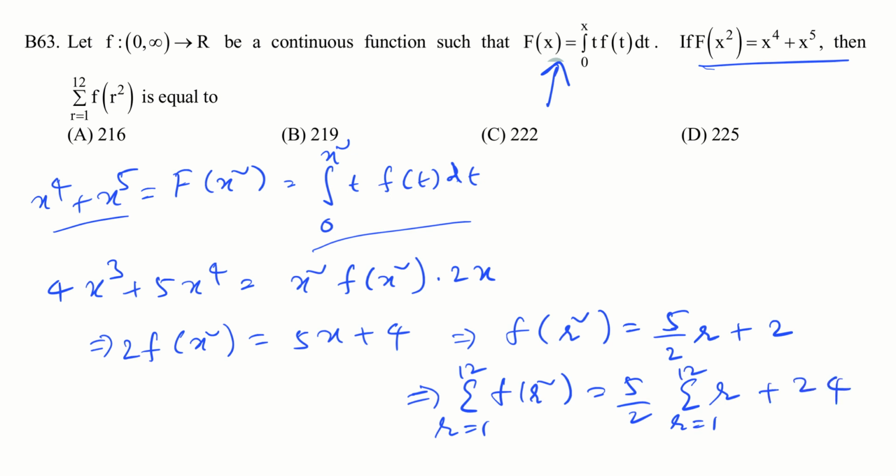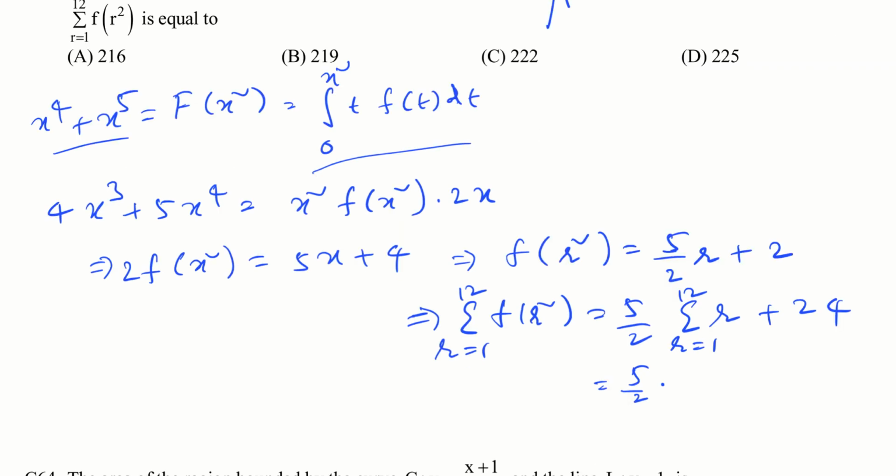Now the rest is obvious. You simply write the value there, 5 by 2 into n into n plus 1, that is the sum of the first n natural numbers, plus 24. So that will be 195 plus 24, you will have it as 219. Let's go to the next problem.